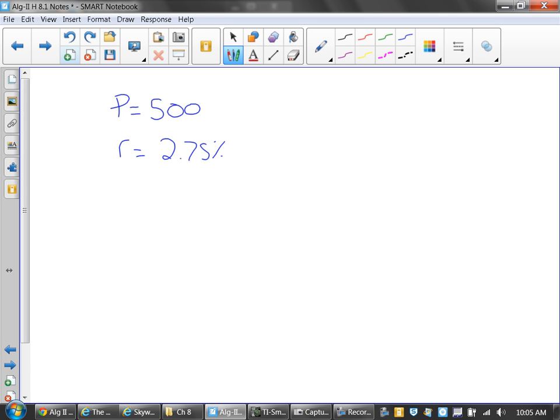And then let's say that it compounds semi-annually. And I want to leave it in there for 20 years. How much will I have at the end? Now again, I just made up those values. What I want you guys to remember is how this stuff works.